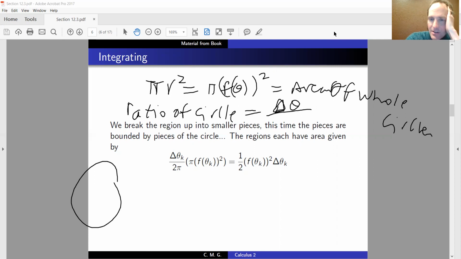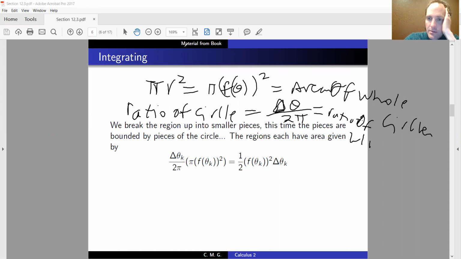So an entire circle, to go all the way around, would be 0 to 2 pi, so it has a total length of 2 pi. So the ratio of the circle that I'm taking here is just delta theta over 2 pi. So this is the ratio of the whole circle.